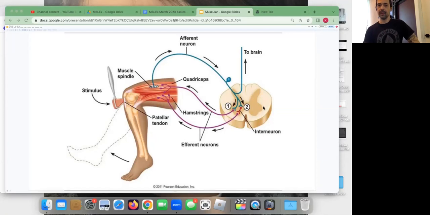The white area is white because it contains a lot of myelin, because the nerves in there, which I'm going to refer to from now on as neurons, contain a lot of myelin coverage. And that makes the nerve impulses travel faster. The gray part is gray because there's less myelin. Myelin is fatty, and fat is a little bit white in color.